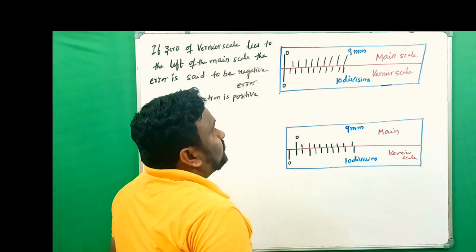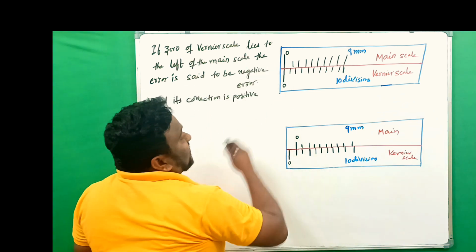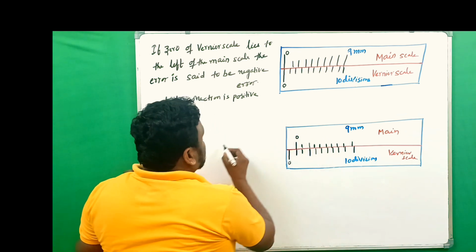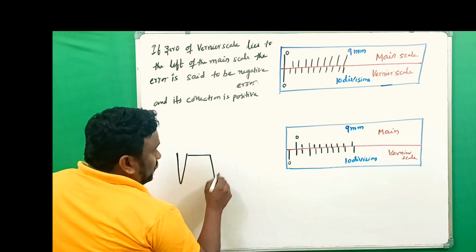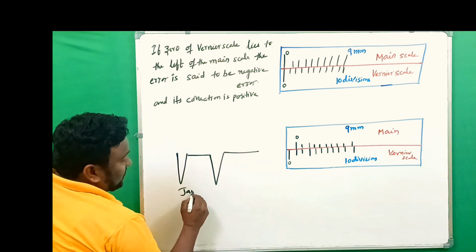See the first diagram here. Two jaws are there.